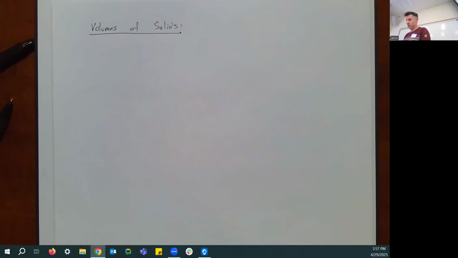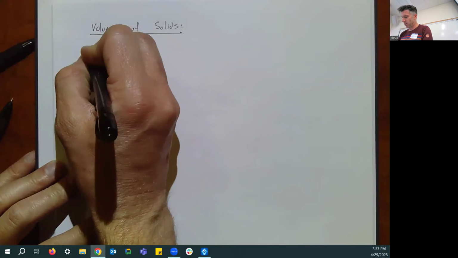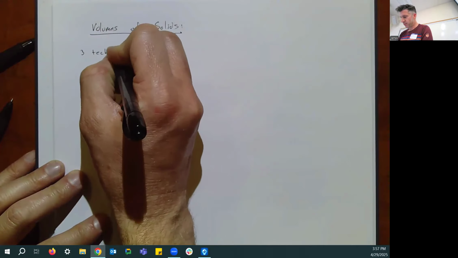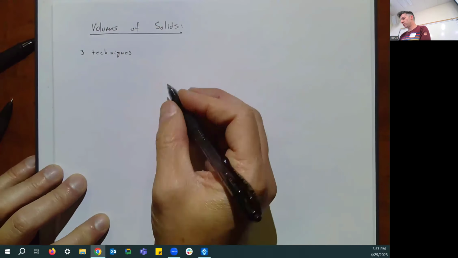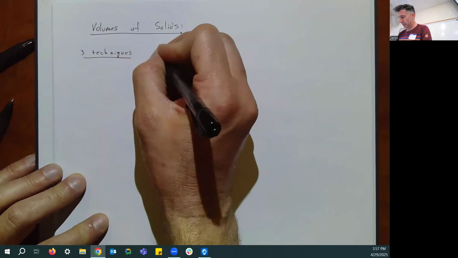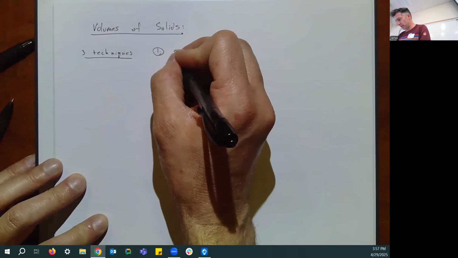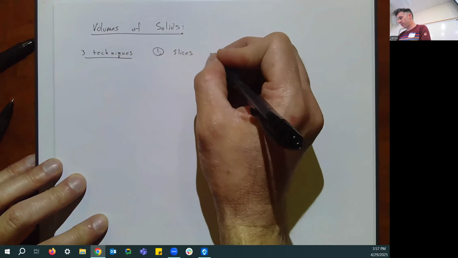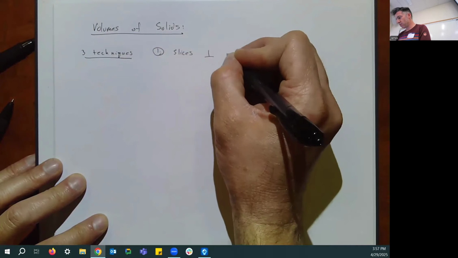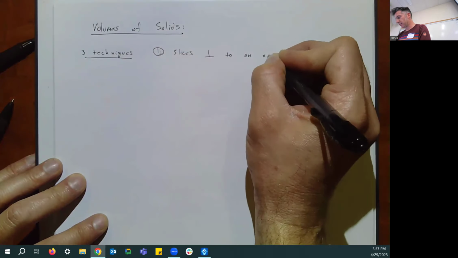The first, so I'll say the three techniques are, well, two of them are by slices. So slices that are perpendicular to an axis.